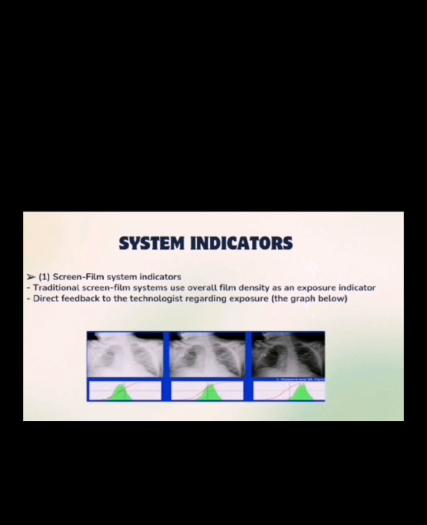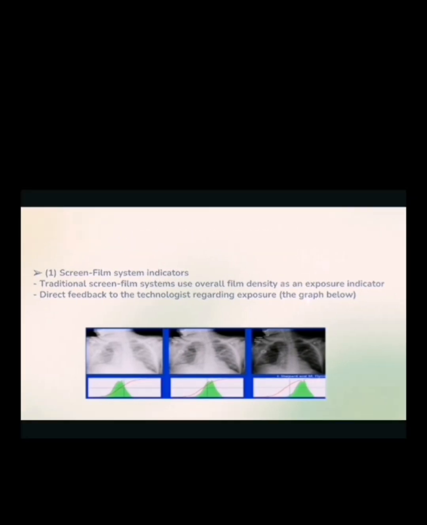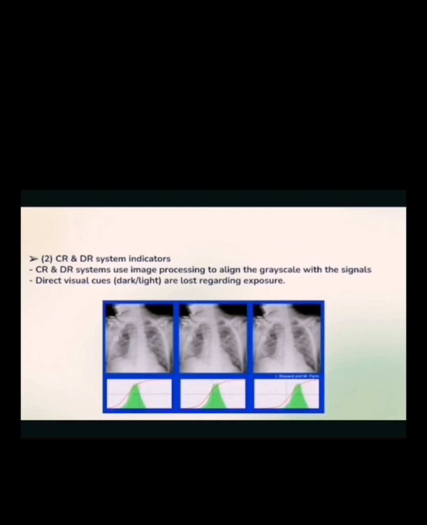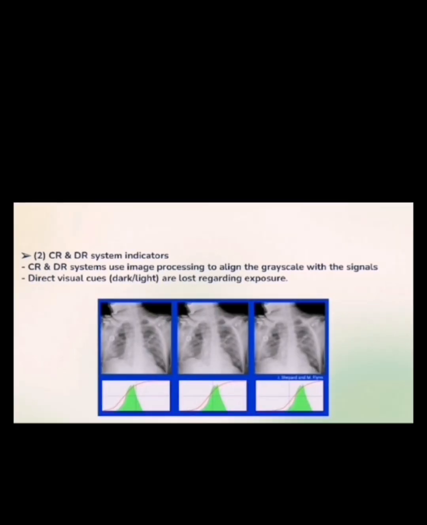But let us not focus on the screen film, because right now we'll be discussing the CR/DR system indicators. The CR/DR system indicators use image processing to align the grayscale with the signals, and direct visual cues regarding exposure are lost. In computed radiography systems, the dynamic range of the image is much greater than the characteristic curve of screen film.